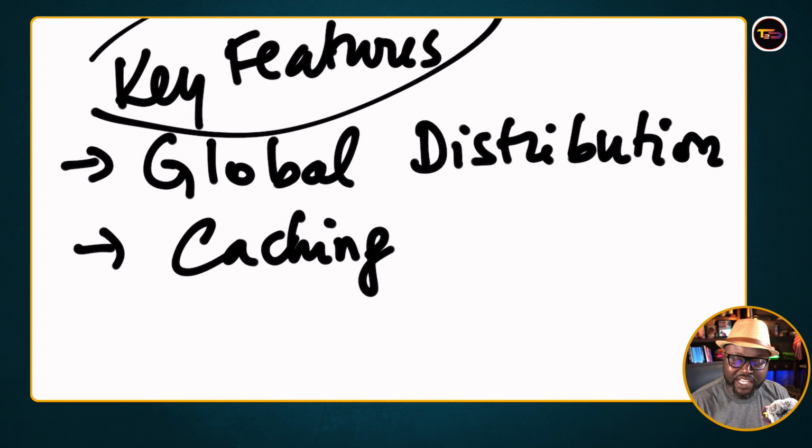The second key feature is caching. Caching reduces load on origin servers.